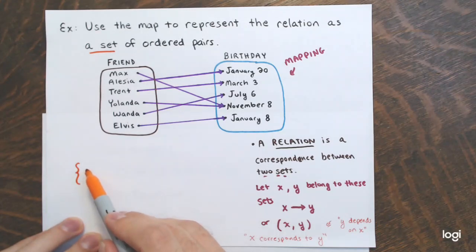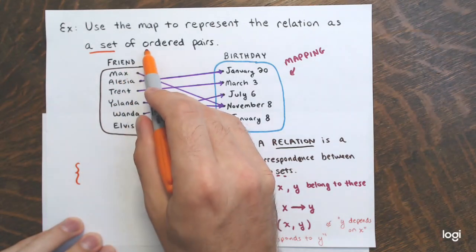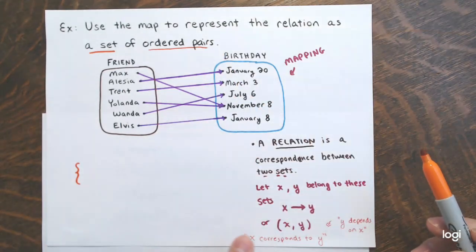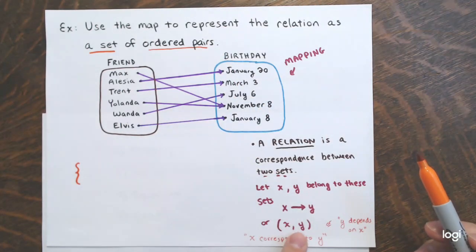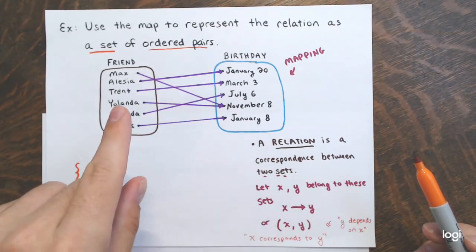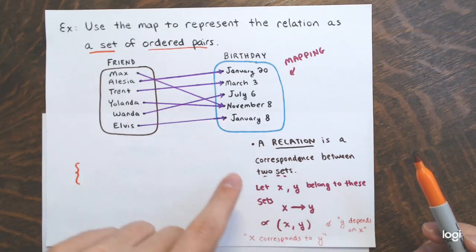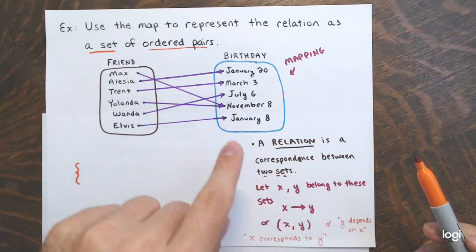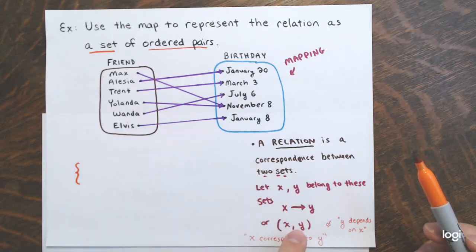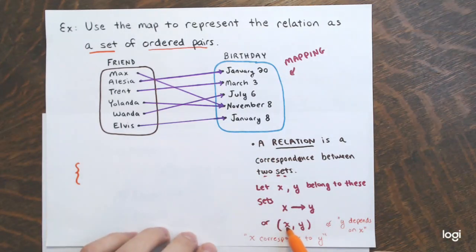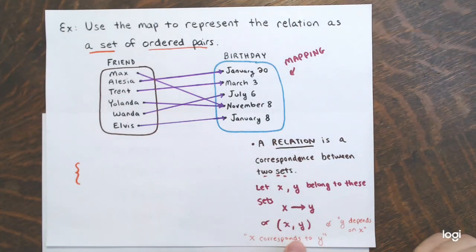And then I'm having a set of ordered pairs, where as I mentioned over here, if I have an ordered pair in my relation, the first element comes from the first set, and the second element will be the one on the other end of the arrow in the second set, in the set of birthdays. So I'll have friend's name, comma, birthday. And there's only going to be an ordered pair if that friend has that birthday.